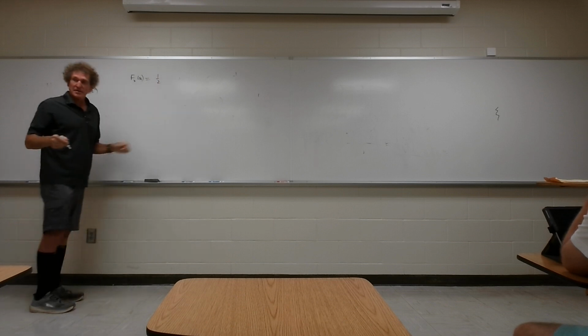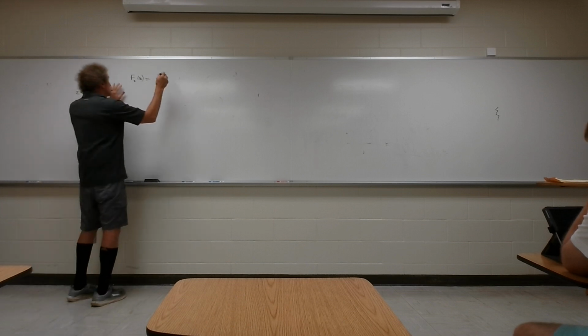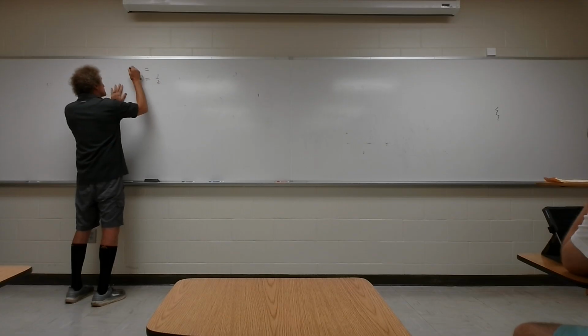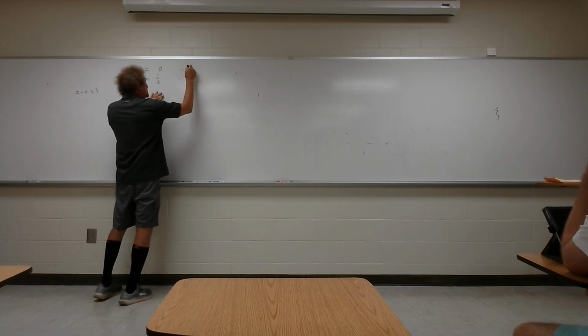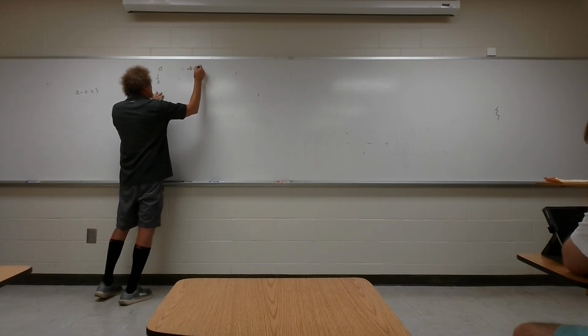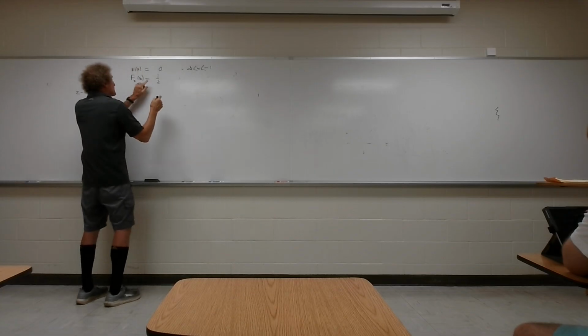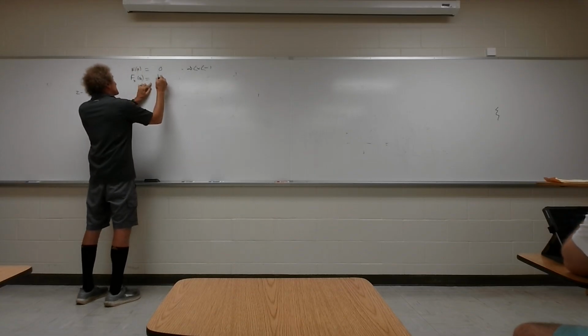It's 0 from negative infinity to -1. Equals 0 for x from minus infinity to -1. Yeah. And then 1/2, what is it? 1/2 plus 1/2 x from -1 to 1. Okay, 1/2 times 1 plus x.